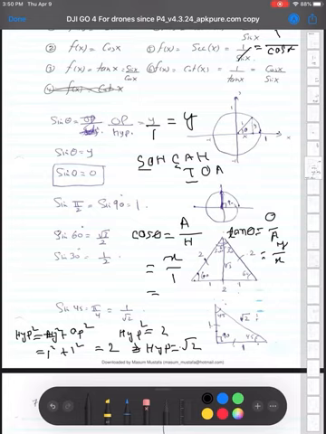Now we have the graph. If you want to find sine 45 degree, this is the angle. The hypotenuse will always be opposite of the 90 degrees, so this is always the hypotenuse, as we all know.